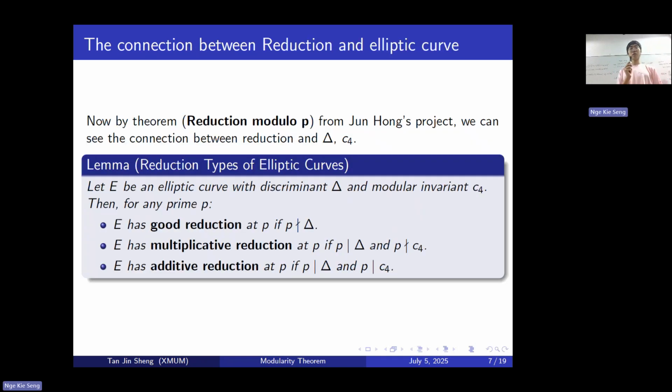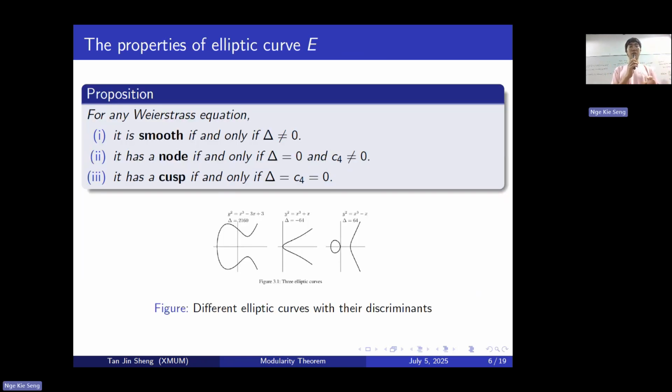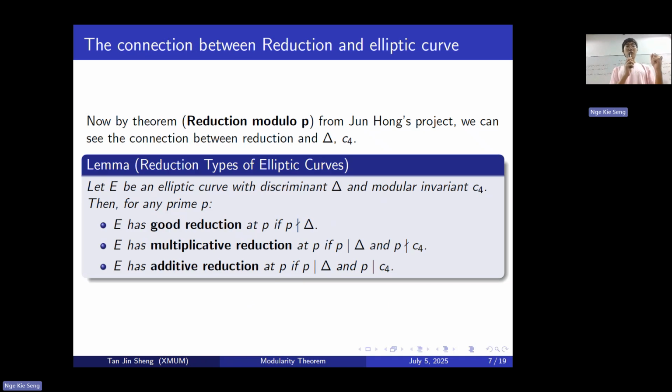Now, by the theorem of reduction modulo P from the previous project, we can see a connection between the reduction and the smooth, as we presented before. These 3 properties of the elliptic curve, they are connected. Now we use this connection to get a lemma here.